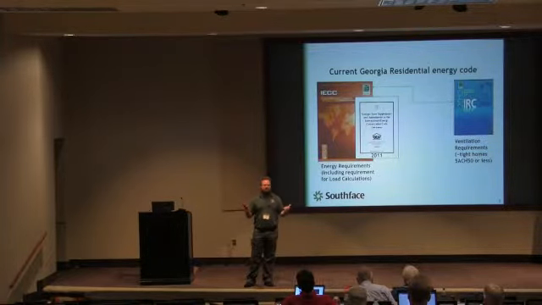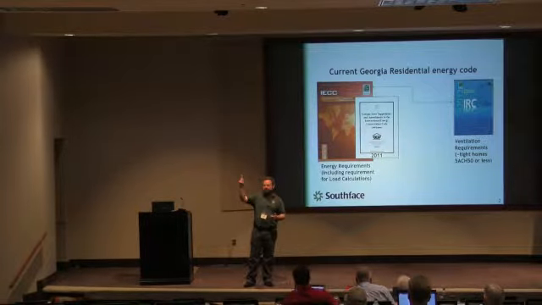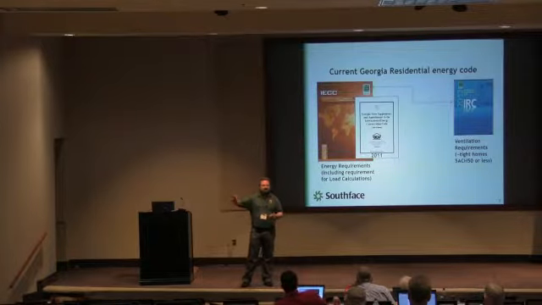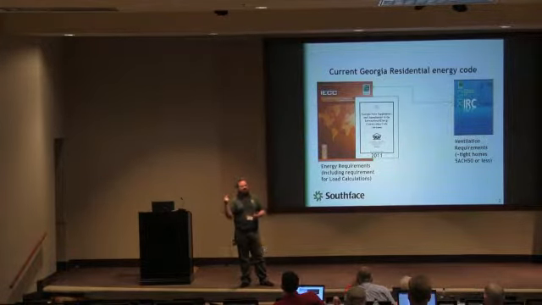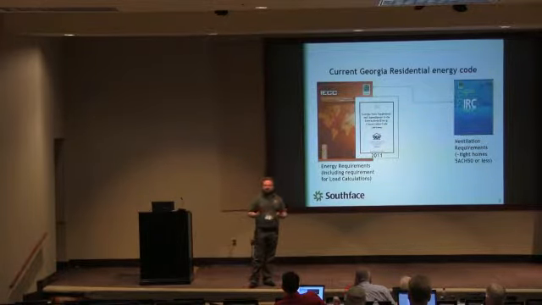And the big problems with not right-sizing are primarily, one, you're paying for too much equipment up front, right? Because you pay by the ton. And so if you oversize the equipment, you pay more first cost. You get basically shortened lifespan on the equipment because it's going to cut on, cut off, cut on, cut off, because it reaches set point very fast because it's oversized for the space that it's serving.